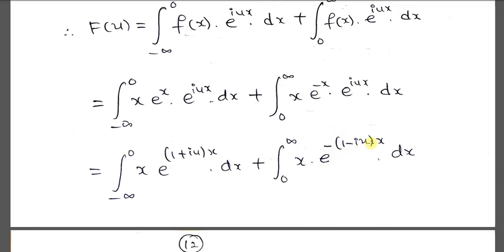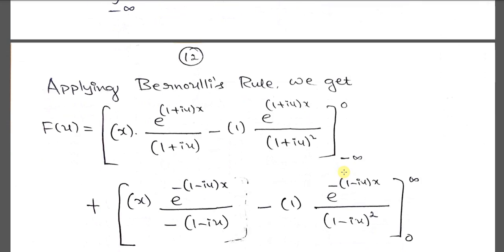So for both the terms, either you apply Bernoulli's rule or integration by parts, both are the same. So I have applied integration by Bernoulli's rule or by parts. First term as it is, integration of second minus differentiation of first, second integration. And don't forget the first term's limit is minus infinity to 0 and the second one's limit is 0 to infinity.